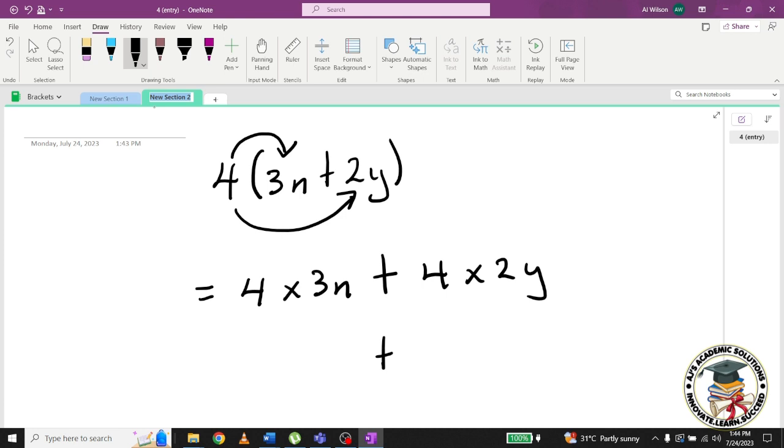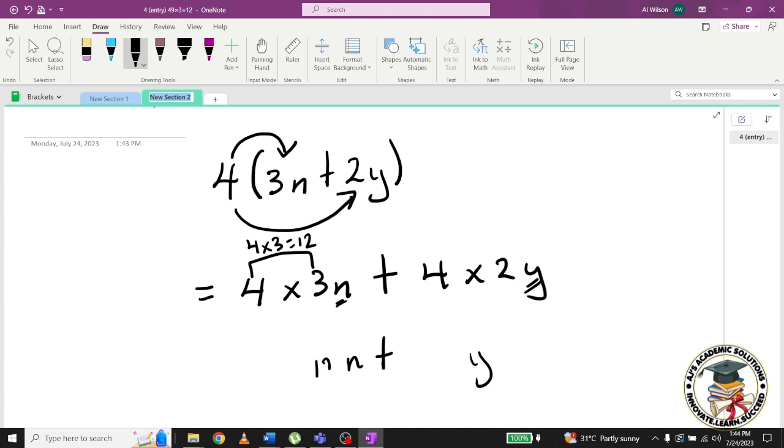So let's maintain our addition sign there now. And again, notice you're going to have to use the similar steps you used in earlier practice sessions. We notice here our variable is n, and on this side our variable is y. So you need to know what our coefficients will be. So let's start here. 4 times 3 is equal to 12.